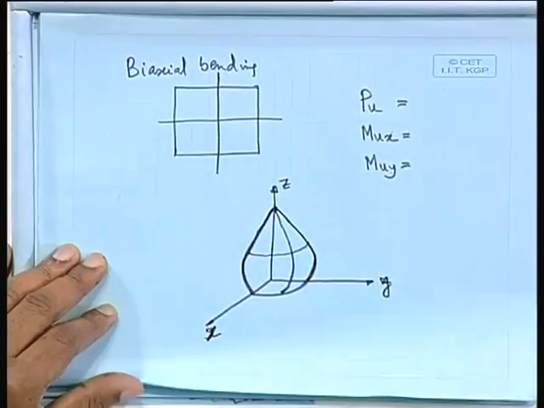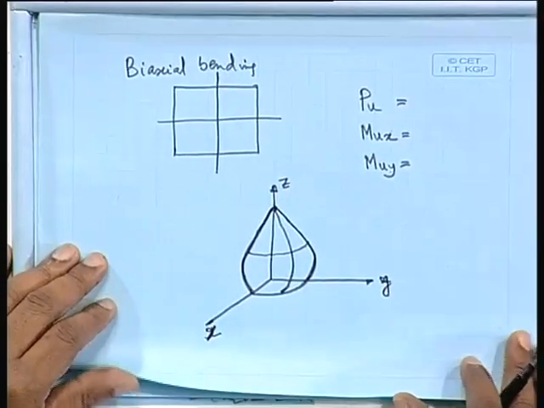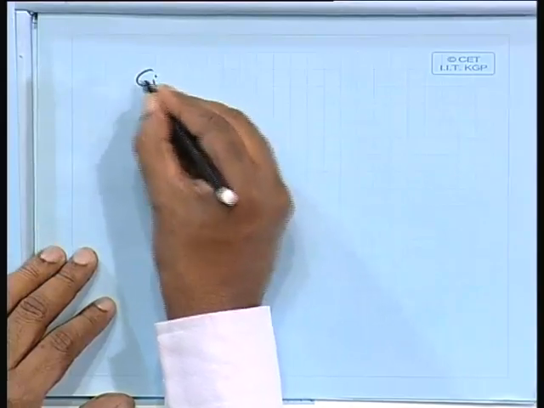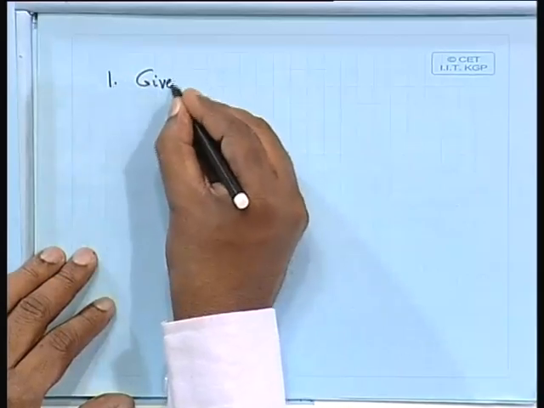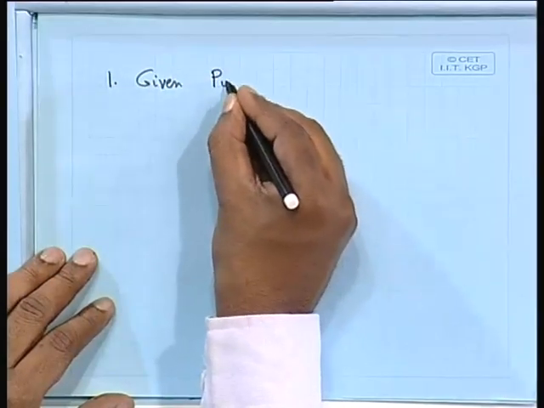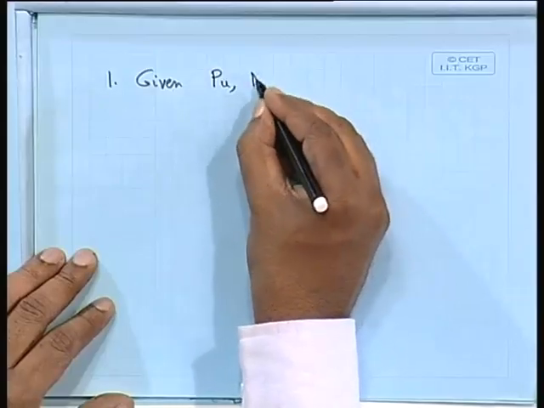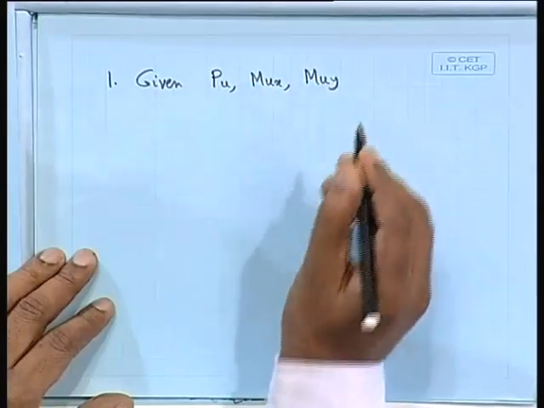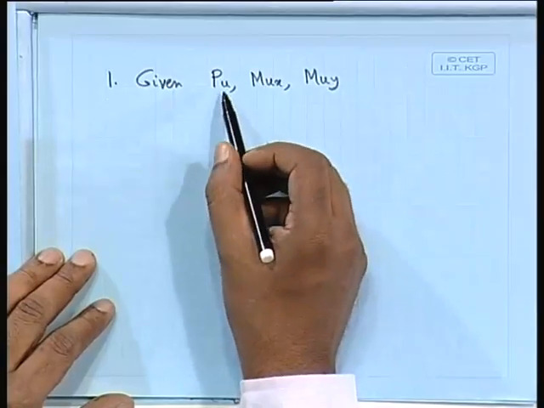We design it in a fashion, let us make it this way. Given Pu, Mux, Muy, please note, we are talking about design load.